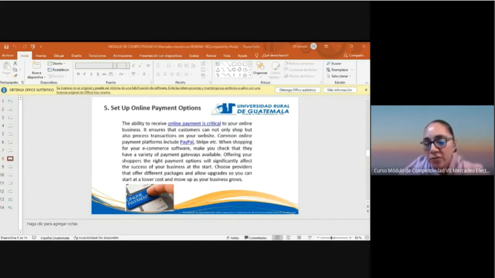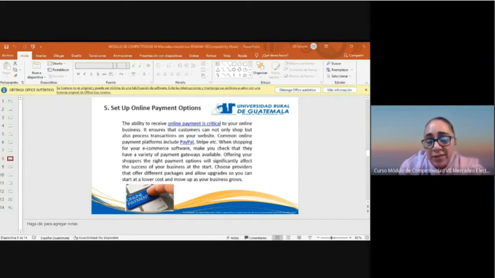So probably if your customer doesn't feel safe or secure about giving the credit card or debit card information, you can offer, for example, payment when they receive the merchandise or products. You can do that also. You can hire a company that delivers products and they get the payment for you.